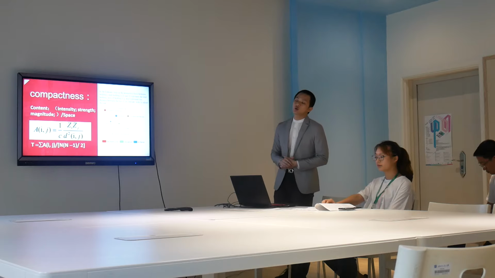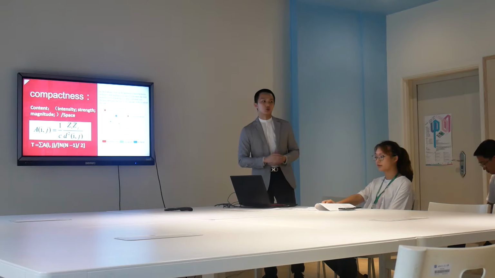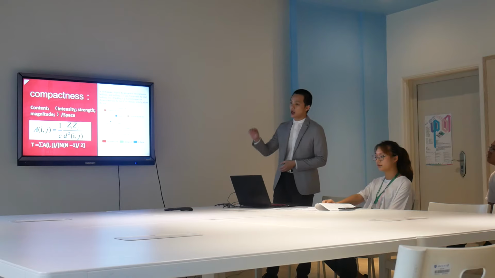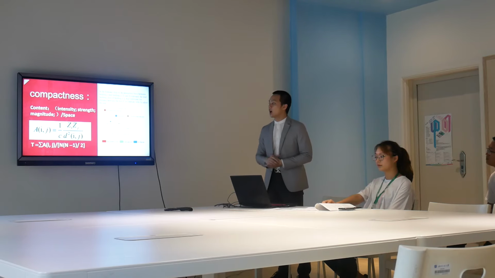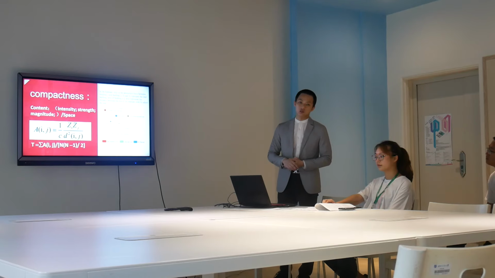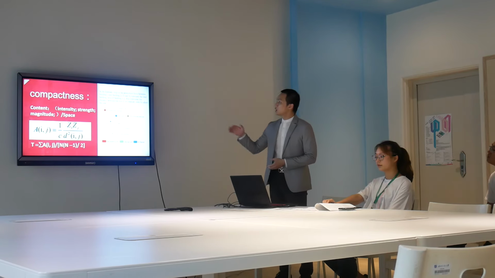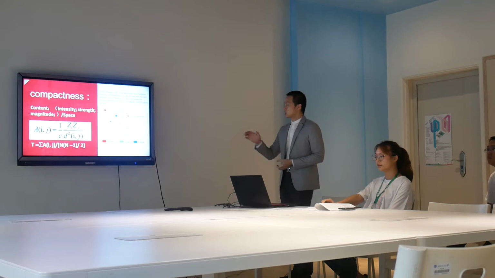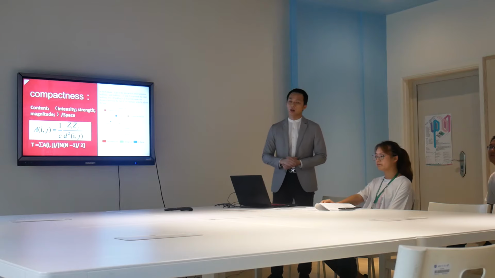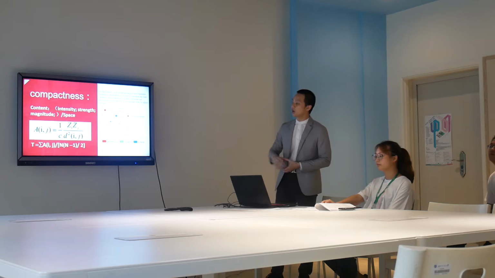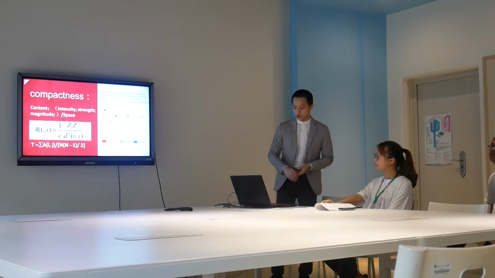Aij means the connection between plot i and plot j, which is a ratio between Zi and Zj and the distance from i to j. In the formula, C is a constant to adjust the unit, and T represents the compactness, which is based on the sum of Aij and the number of architectures.